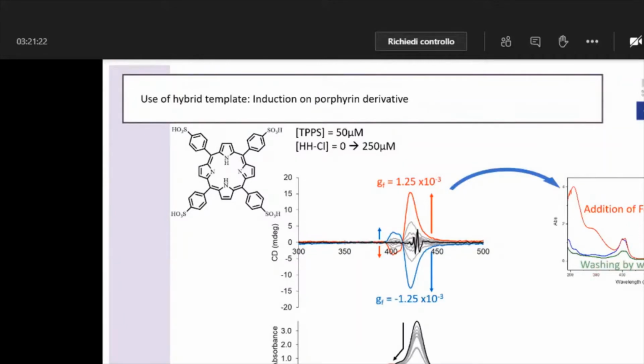We think this is because once the porphyrin is inside the hybrid, there is too much steric hindrance around it, so it cannot attach something inside. But we will try several other molecules to do that. Of course, the chiral property doesn't change upon addition of iron.